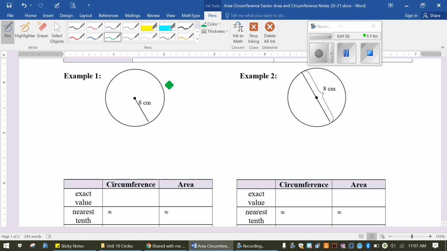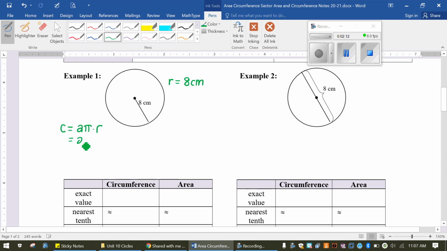So I need the radius. So on number one, it's given that the radius is 8 centimeters. And then I'm going to use both of my formulas. So my circumference is 2 pi times that radius. So for this example, 2 pi times 8.